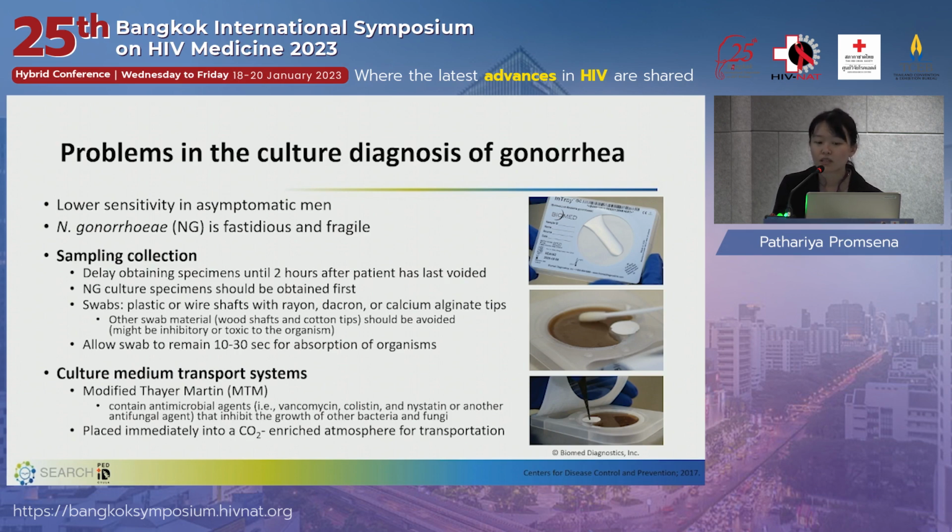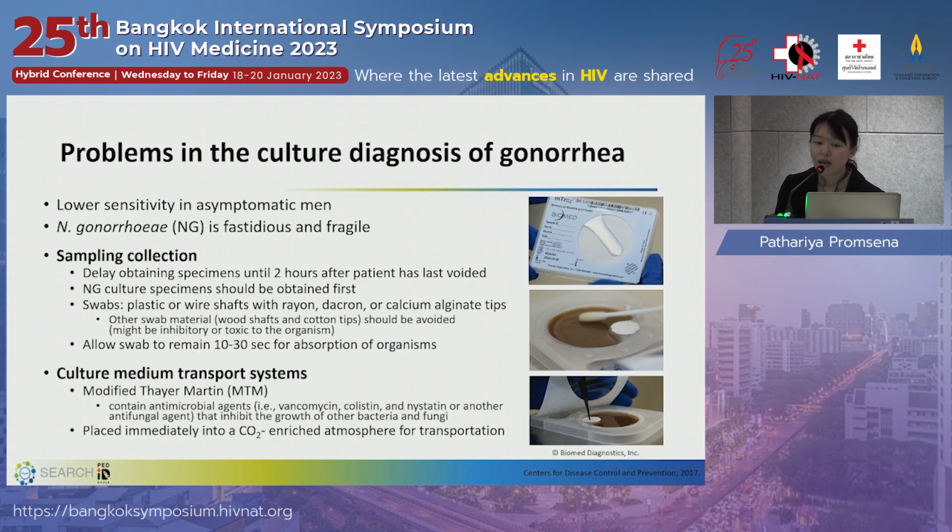For sample collection, we suggest delaying the specimen until 2 hours after the last void. For the swab, we suggest not using cotton tips because they might be inhibitory or toxic to the organism. Instead, we suggest using a Dacron or rayon swab and letting it remain for 10 to 30 seconds to allow absorption of the organism before inoculation.